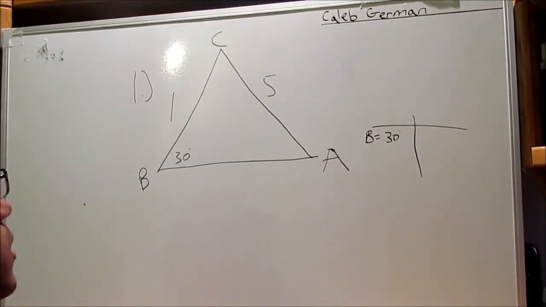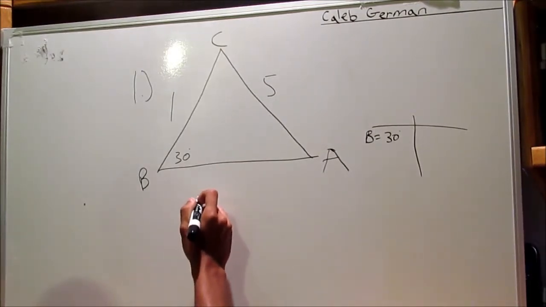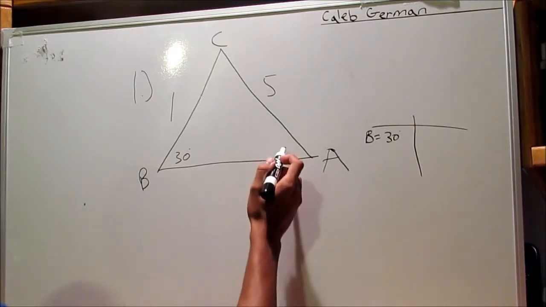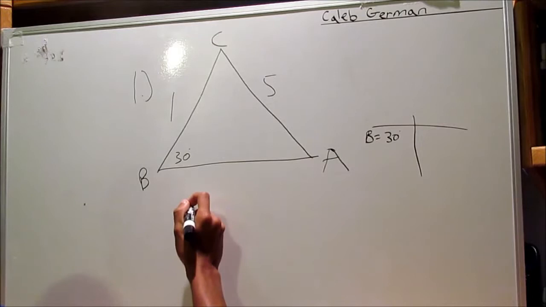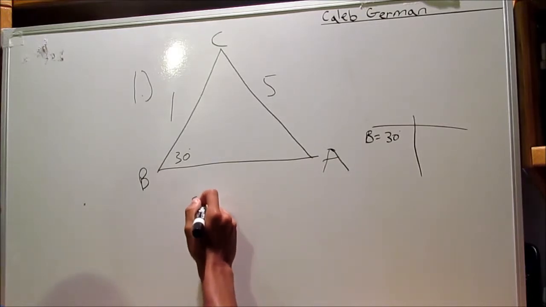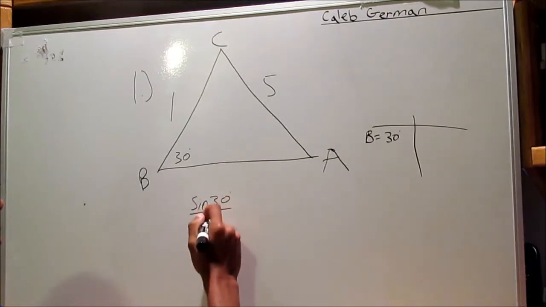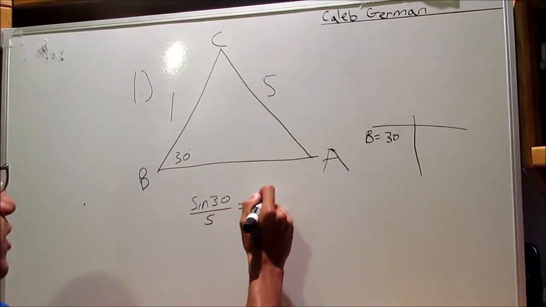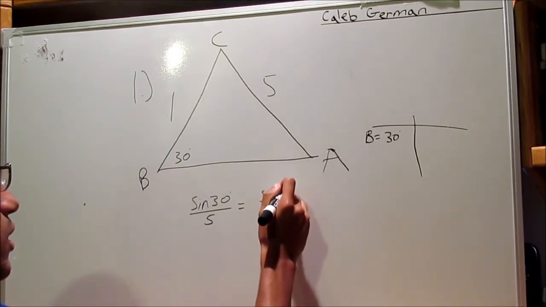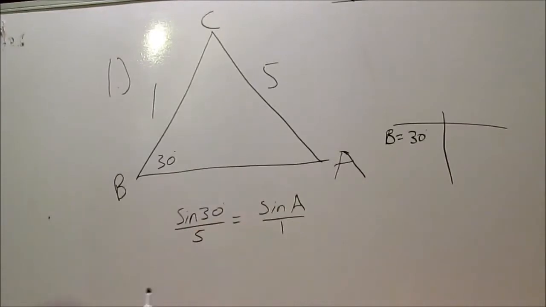Okay, this is how you would solve number one. First, you would start off using law of sines to find this angle measurement. So you would do sine of 30 degrees over 5 equals sine of A over 1.